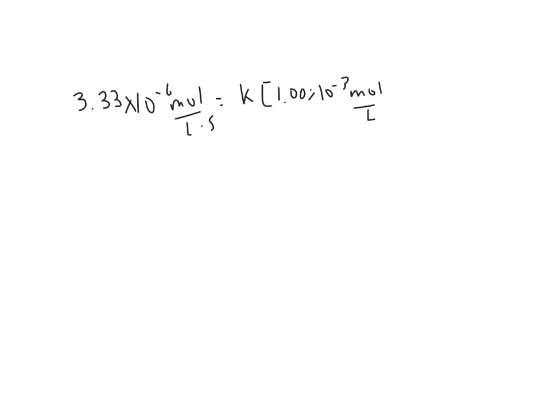I'll pick trial 1, so 3.33 times 10 to the negative 6 moles per liter per second is equal to K times 1.00 times 10 to the negative 3 moles per liter to the exponent 1. So now solve for K by dividing both sides by 1 times 10 to the negative 3 moles per liter.